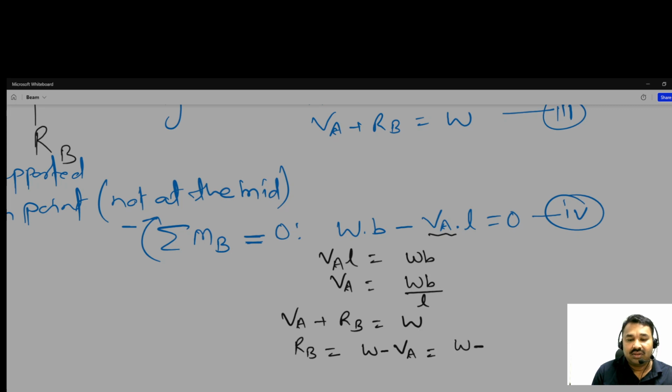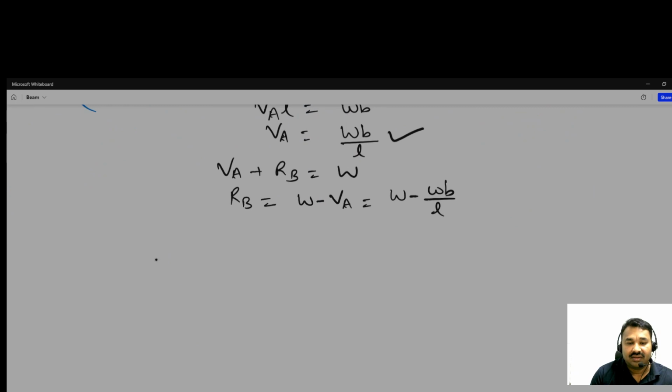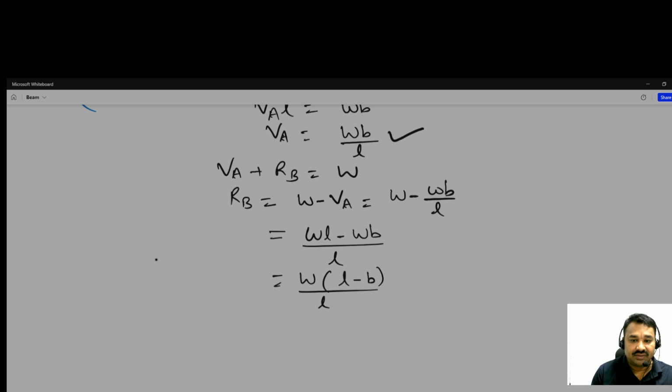W minus the expression Wb divided by L, which is equal to WL minus Wb divided by L. Here W is common, so it is W times L minus b divided by L. L minus b is equal to a.